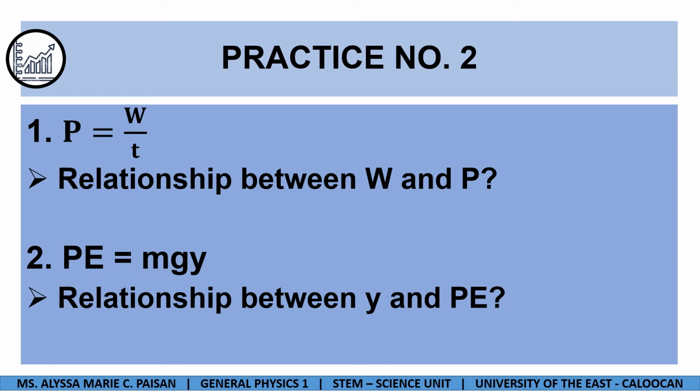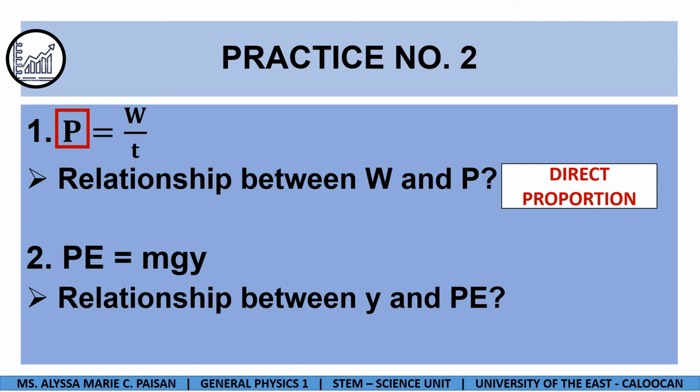The relationship between W and P is direct proportion. How will you be able to know the relationship of variables when you are shown the equation? Look at P. P is considered to be a whole number, and W is in the denominator of the other part of the equation.